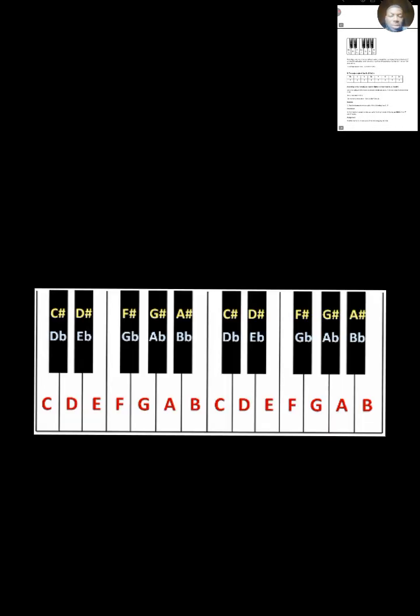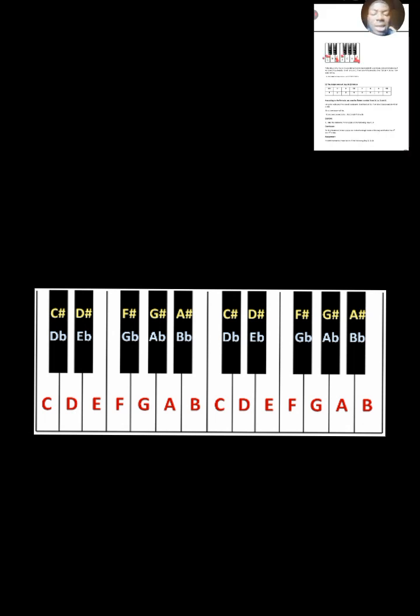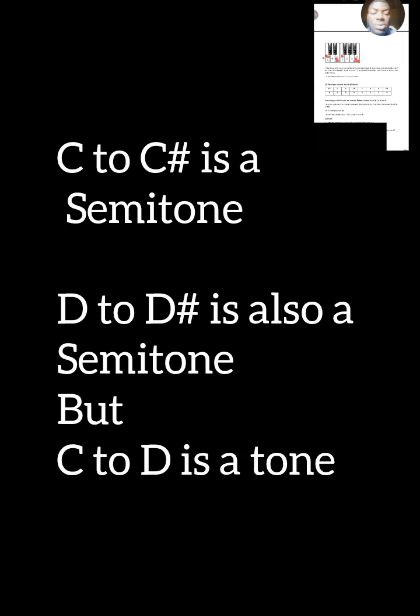Let's use this keyboard to understand what that means. We have C, D, E, F, G, A, and B, and they have two names, one a sharp and one a flat. Moving from C to C sharp is a semitone.